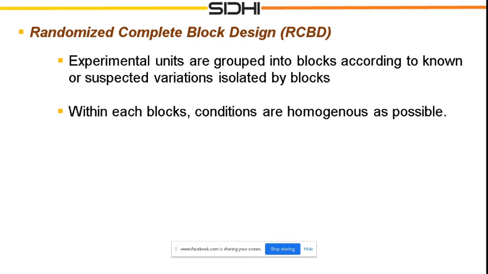So for example, you have an irrigation system in one field and it's not leveled out properly. Mas malalim sa isang side, mas mababaw sa isang side. So you would actually have a blocking so that you have one block dun sa malalim na side and you have one block dun sa mababaw na side. Okay? And then all of your experimental units and treatments are in the other side as well.